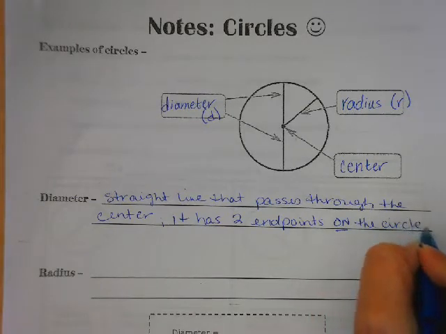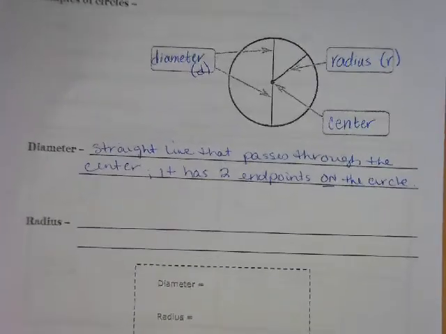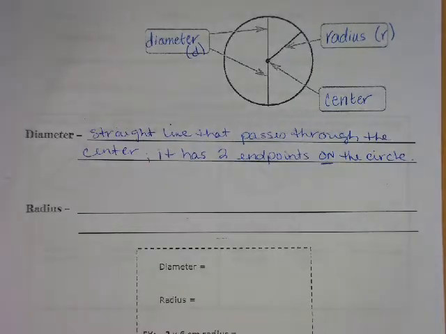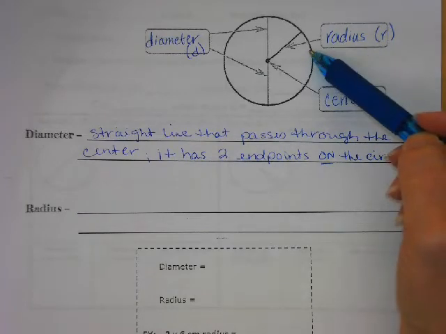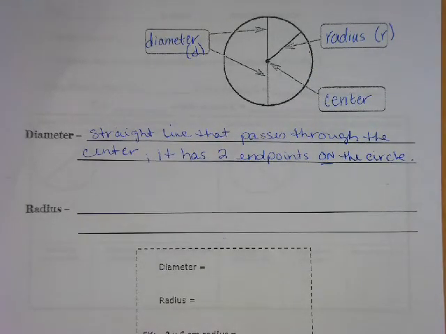Okay, so the key is that it goes through the center and its endpoints are on the circle, because when you get into high school geometry, you're going to learn that a line can go from edge to edge, but not necessarily through the center. That has a different name.